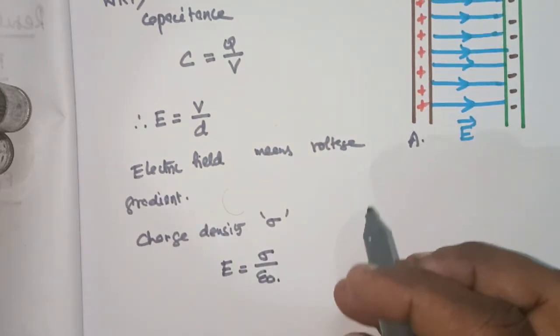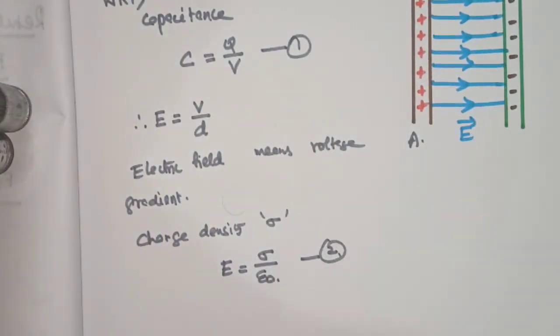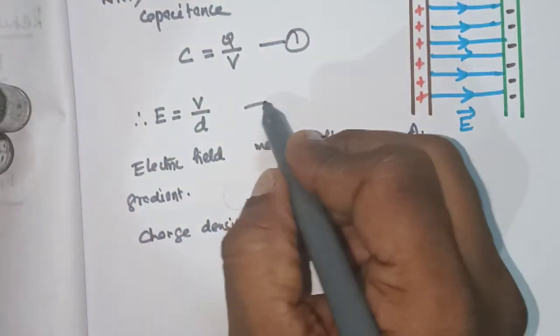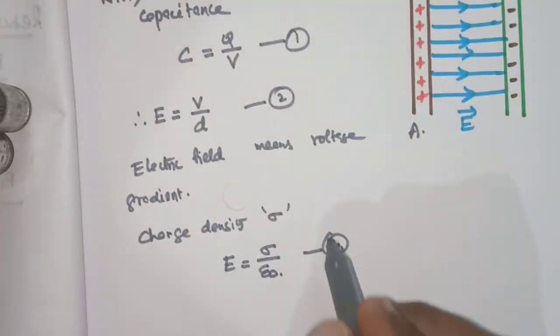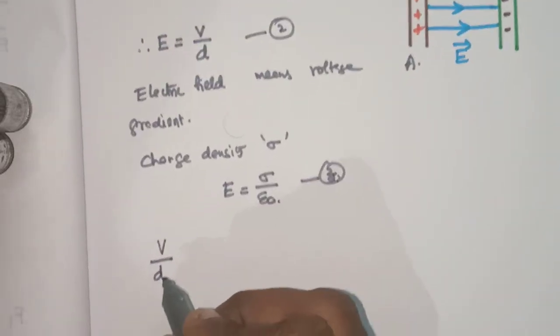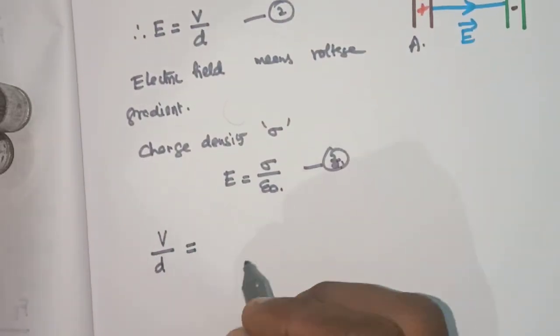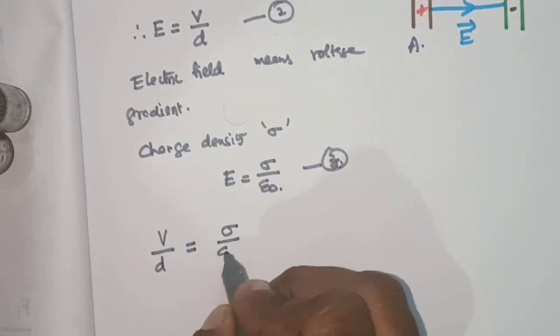So I am taking this as equation number 1, this is equation number 2, this is equation number 3. So equating 2 and 3, V by D equals sigma by epsilon naught.